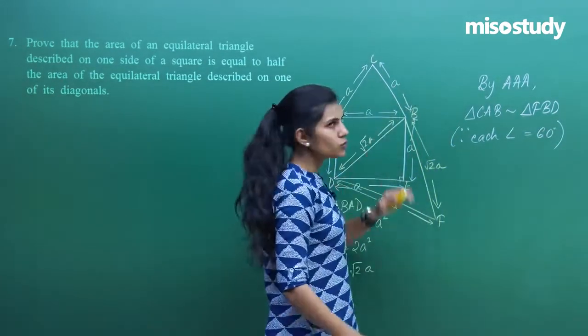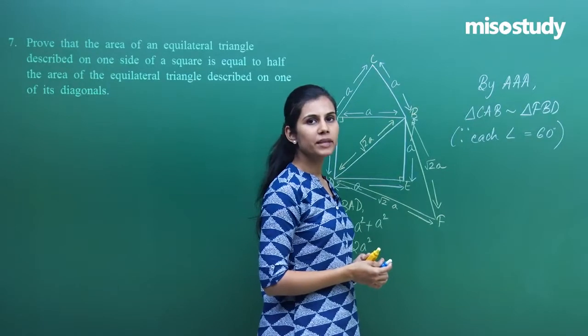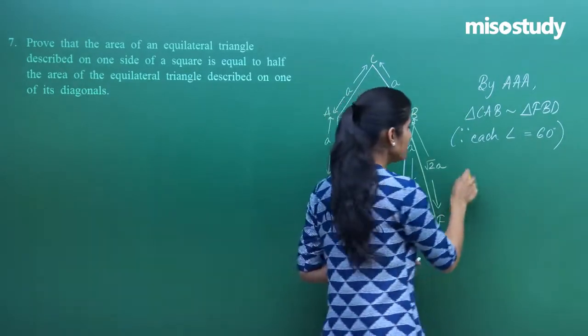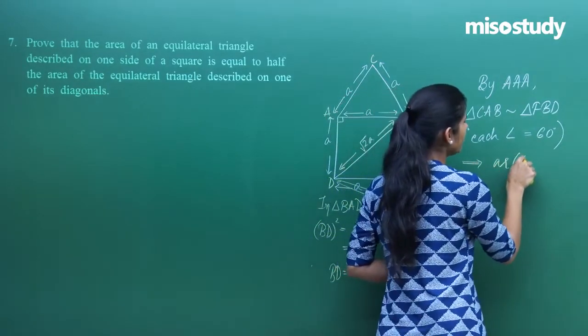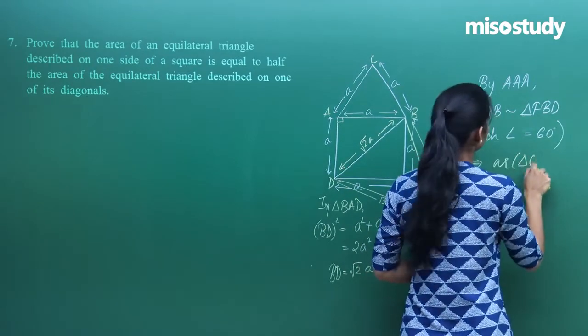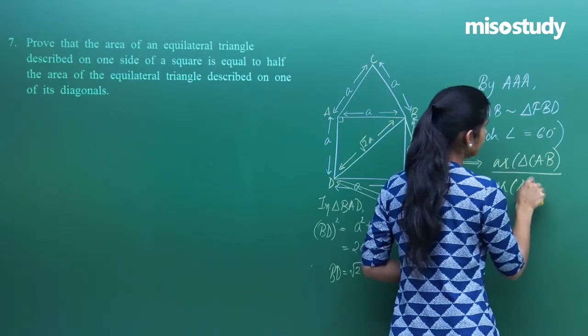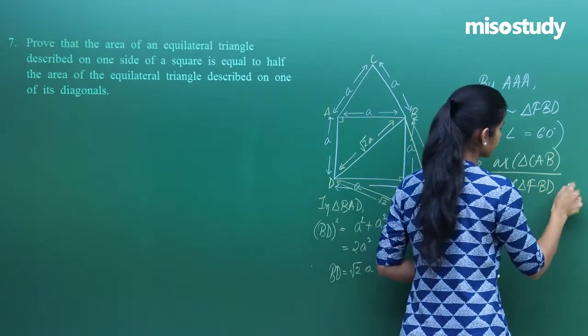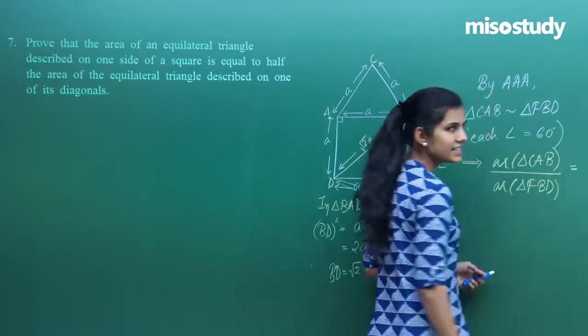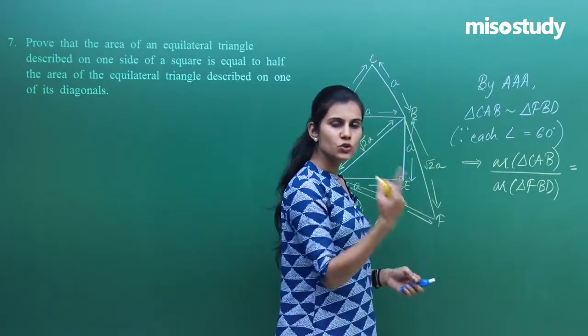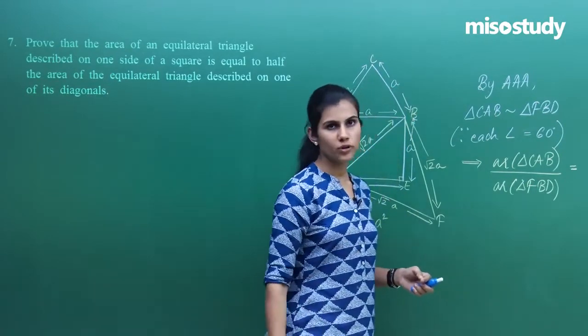The moment these two are similar triangles, I can talk something about the ratio of their areas. So this implies area of triangle CAB, its ratio with area of triangle FBD is equal to what? Square of the ratio of any two corresponding sides.